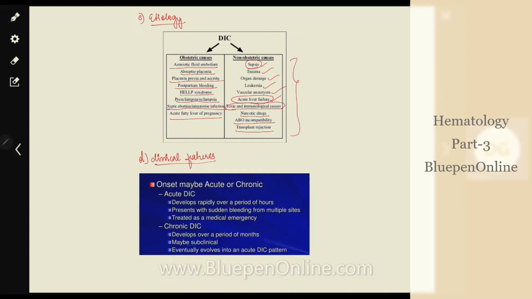So what are the clinical features? They depend on whether the disease is acute or chronic.